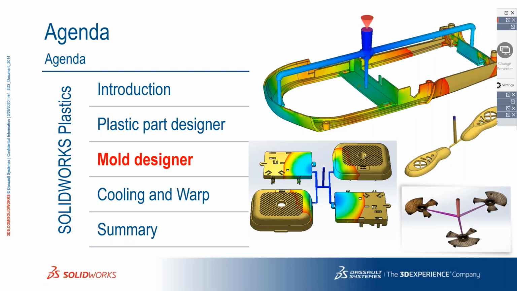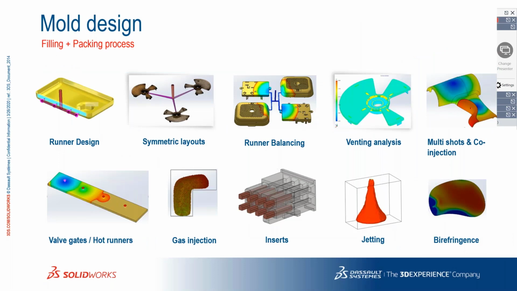If there are several parts to be molded in one single mold, there are different cavities with different volumes and different surface areas, where you have to adjust the runner to make sure that all the parts with different volumes fill at the same time. So for that, the runner balancing is very necessary. So we are going to see what all we can do in the filling and packing process.